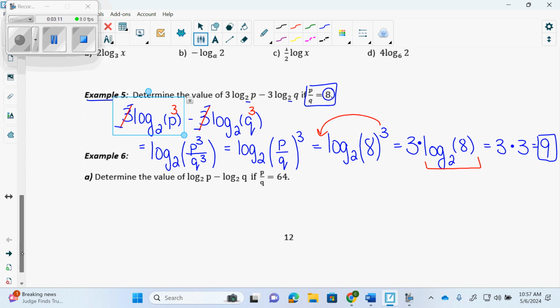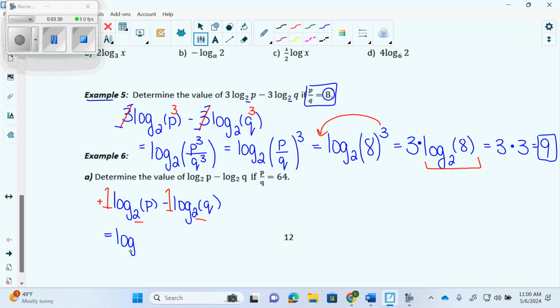You guys try A quickly. So we have log base 2 of P minus log base 2 of Q. This one's easier than the last one because they have a plus 1 in front and a minus 1 in front, base 2, so I can put them together, right? So I get log base 2 of P divided by Q, and P divided by Q is 64.